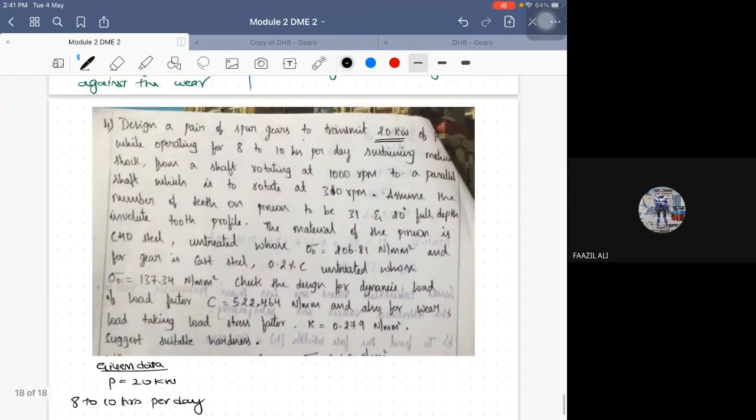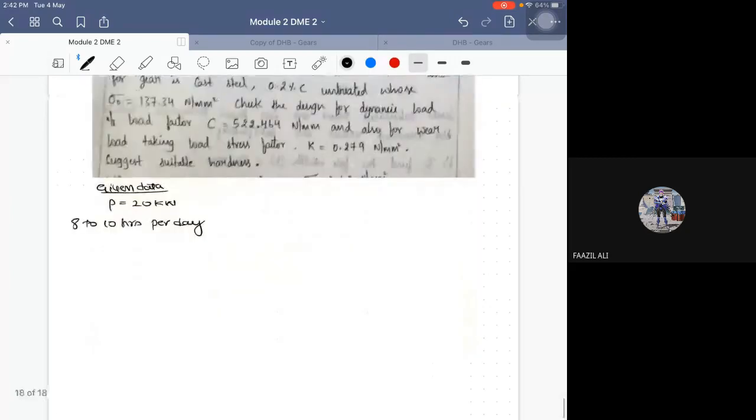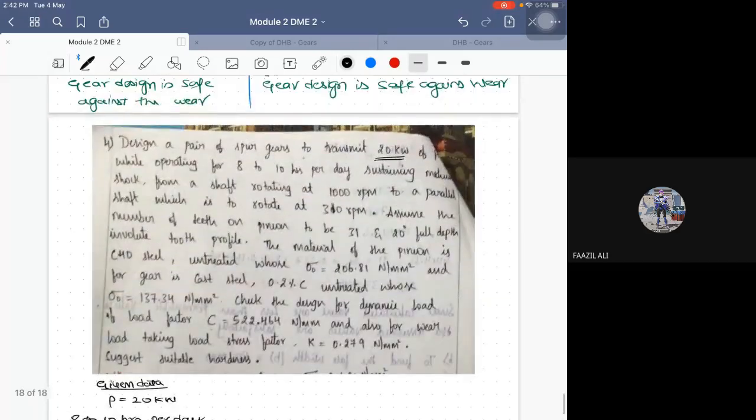Next, sustaining medium shocks. So it is sustaining a medium amount of shocks. From a shaft rotating at 1000 rpm to a parallel shaft which is rotating at 310 rpm, he says.